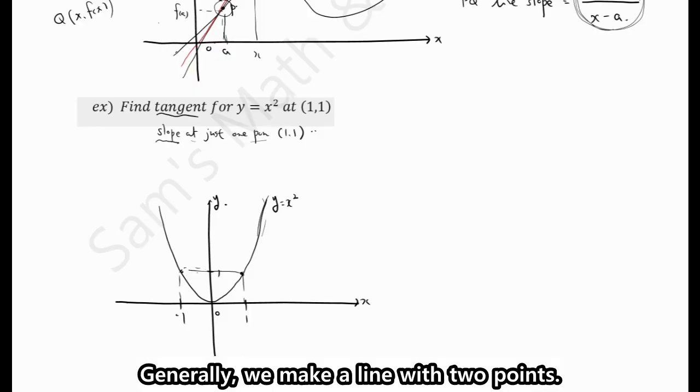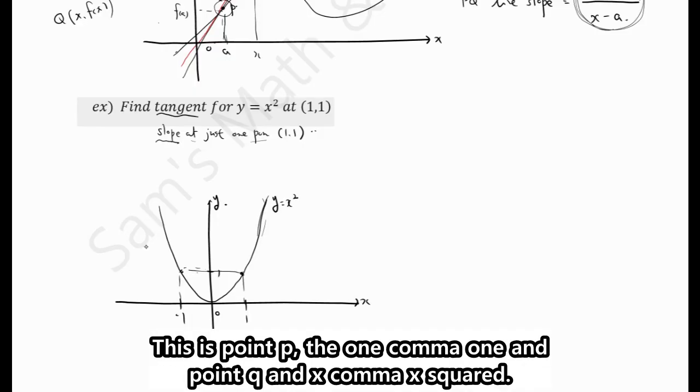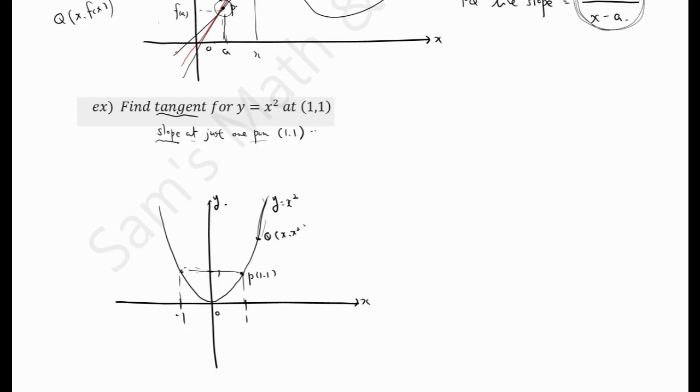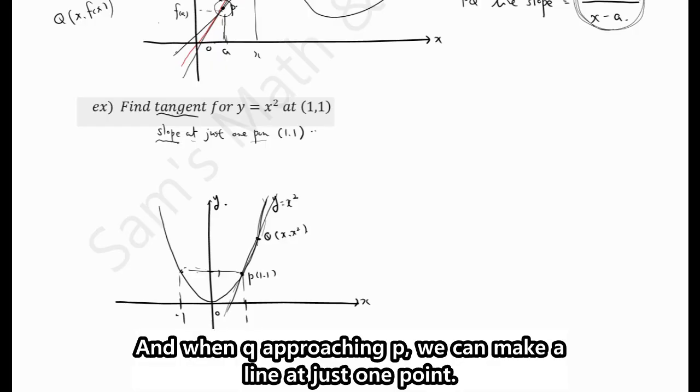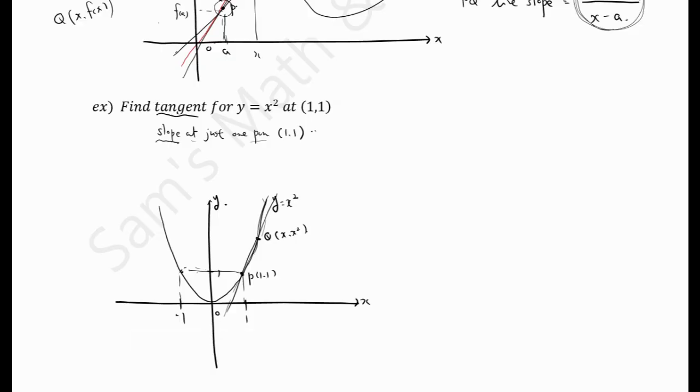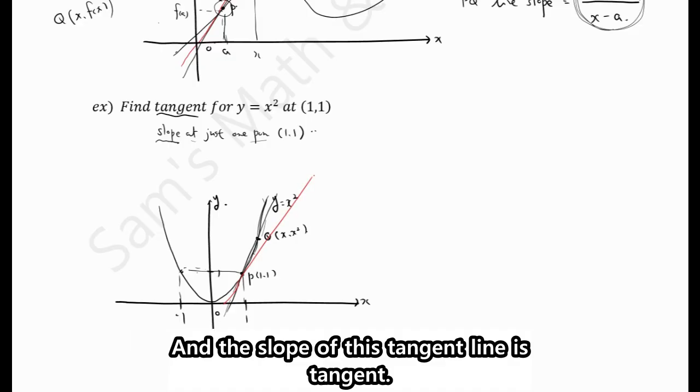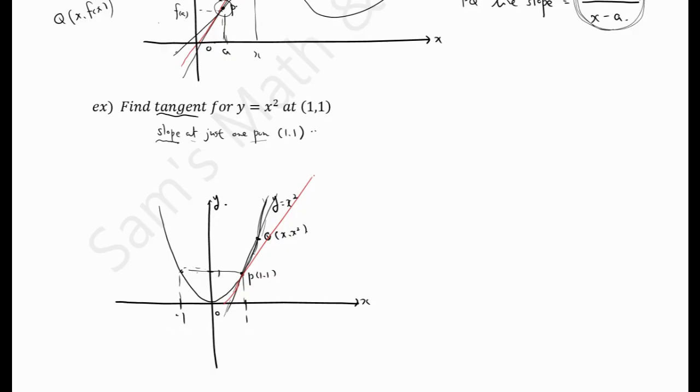Generally, we make a line with 2 points. This is the point P, (1, 1), and point Q, (x, x squared). So we consider the second line, and when Q approaches P, we can make a line at just 1 point. This line is a tangential line, and the slope of this tangential line is the tangent.